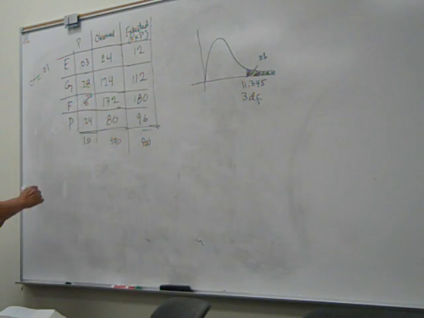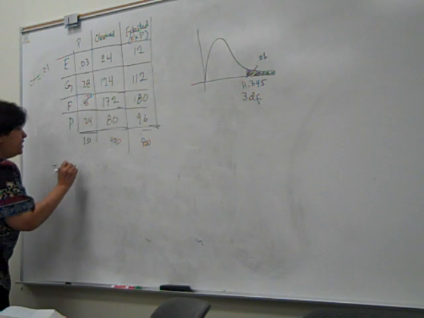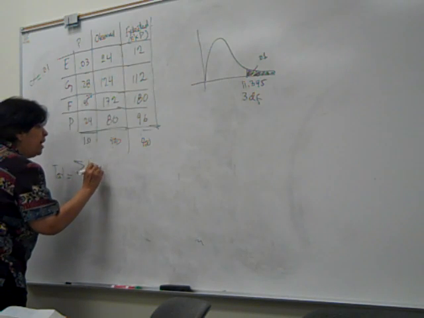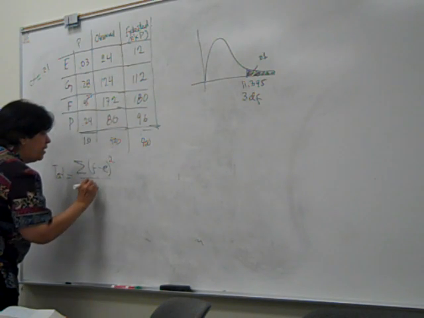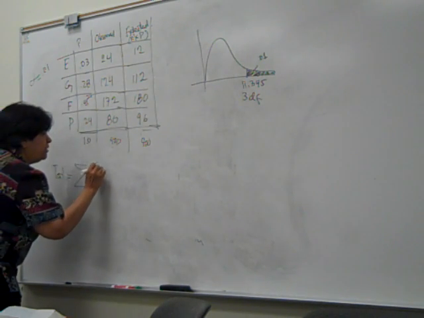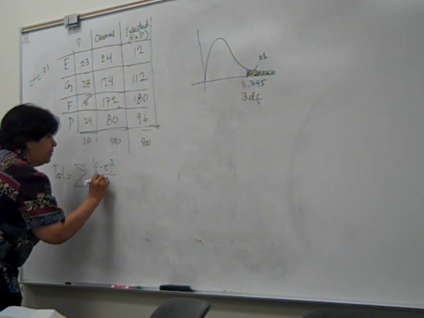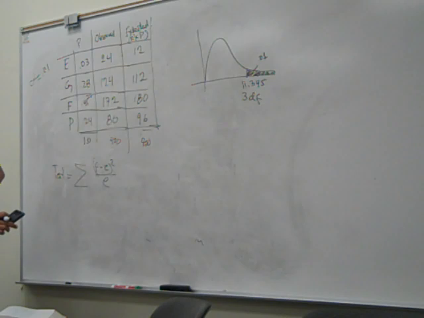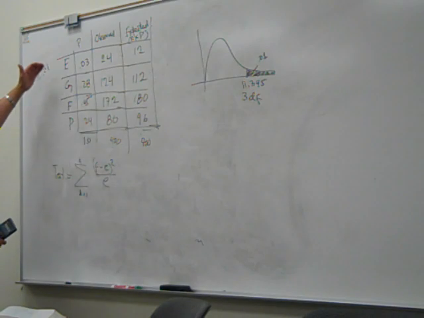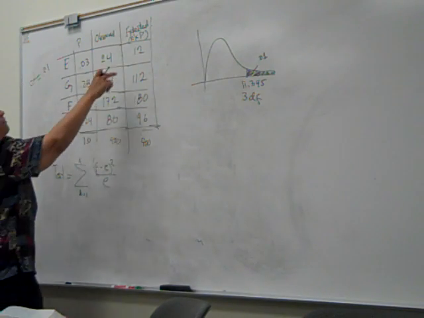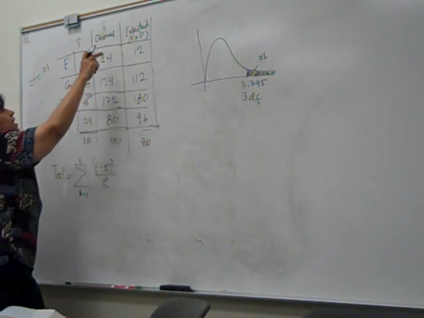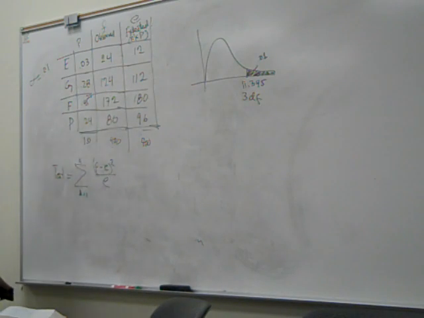To calculate the test value, it is the summation of the frequency minus the expected, squared, divided by the expected, for each of the categories from category 1 to 4. We have the frequencies, which are the observed, and this is the expected.